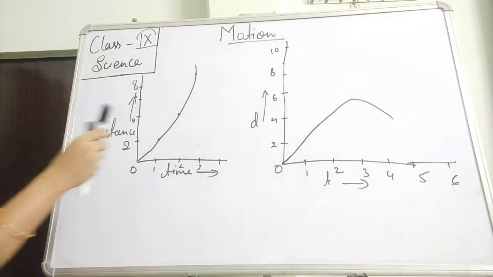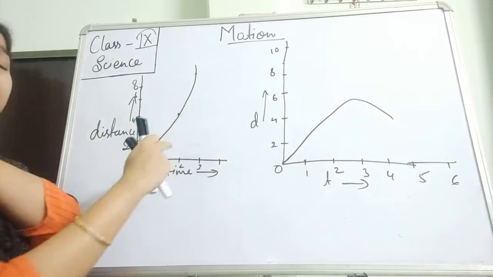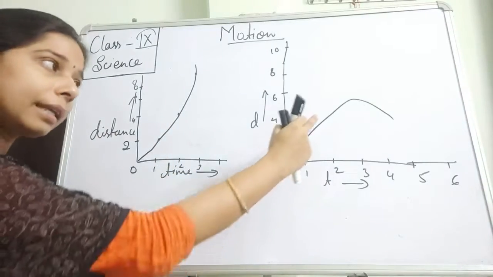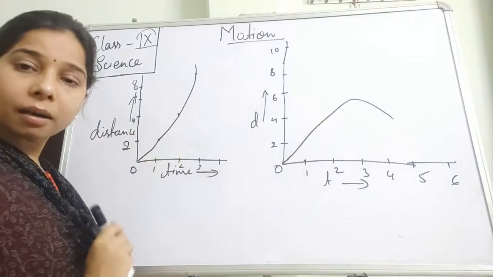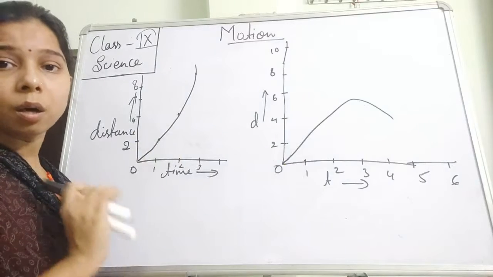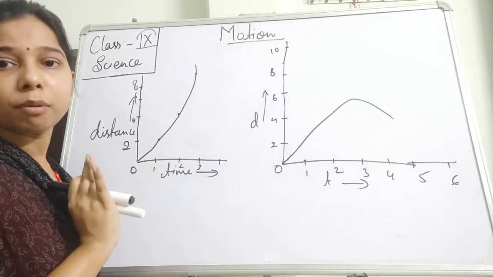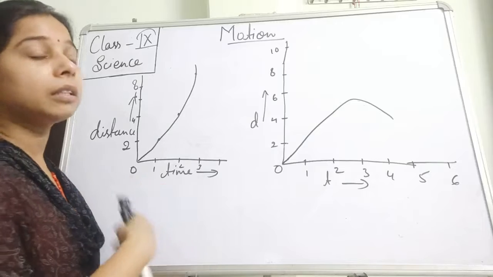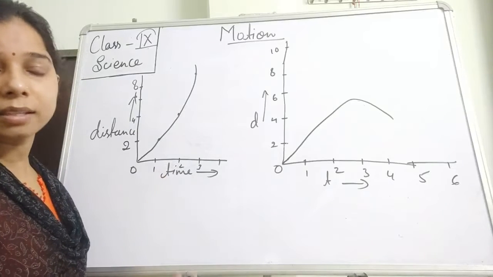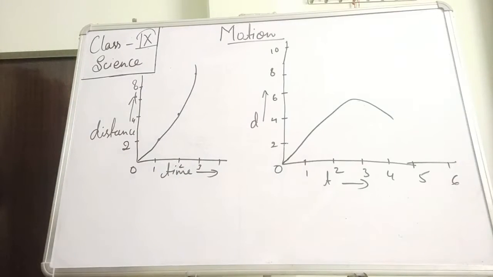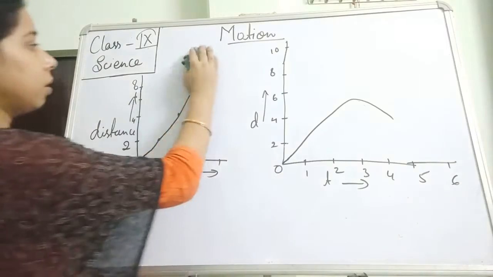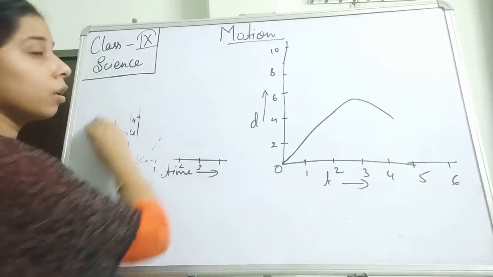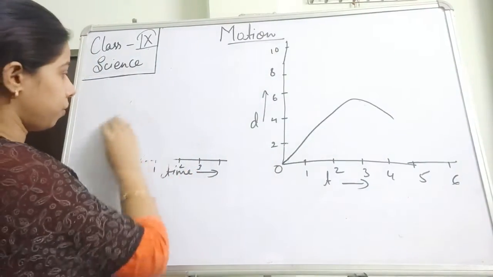Remember that it is never the case that only one shape is the graph of non-uniform motion. If we are getting a curved line, that is a non-uniform motion. It varies whether the distance with respect to time is increasing or decreasing. So this is a graph of a non-uniform motion.